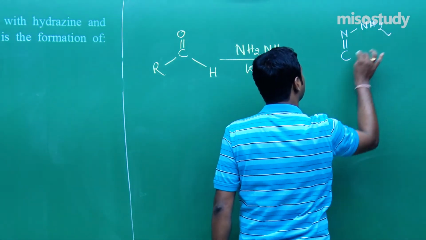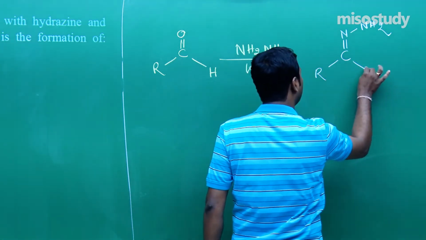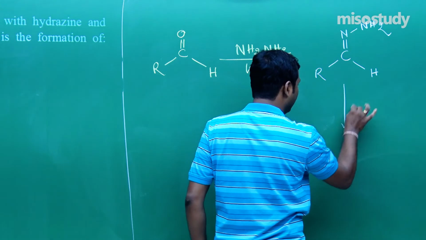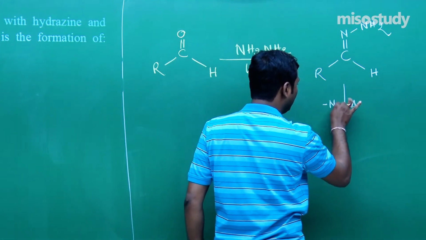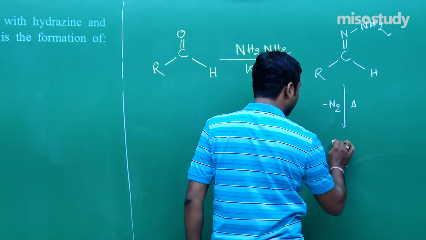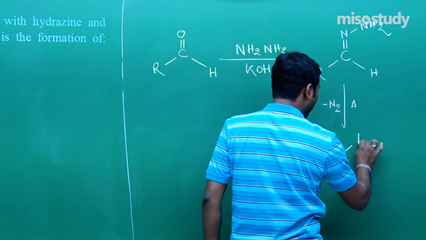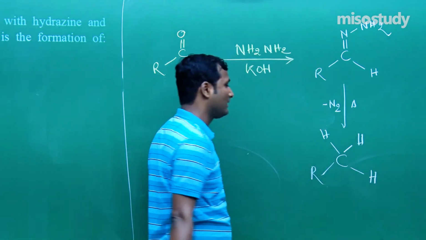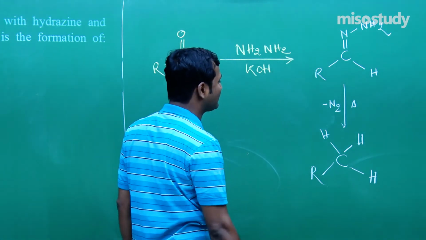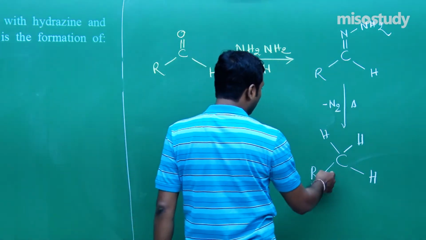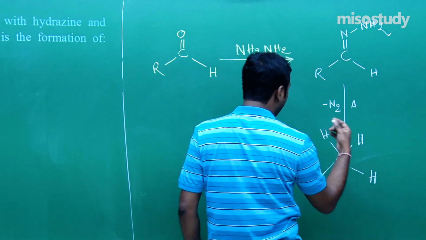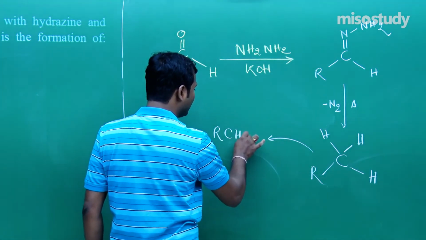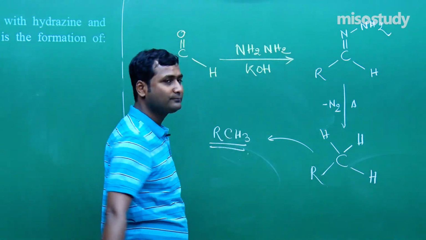The product is NH2, with R and H, which on further heating releases N2 and forms CH, here is H, then R. It is nothing but RCH3.